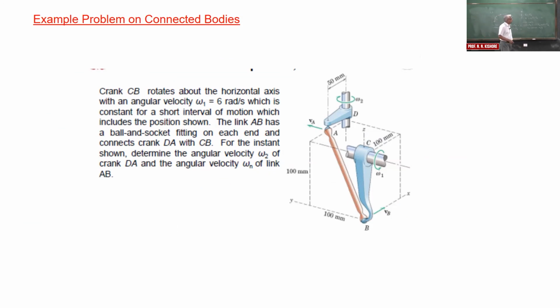So what we do here is that we have two links. Here we have a link DA, right? And then we have the AB link, and then we have another B2.